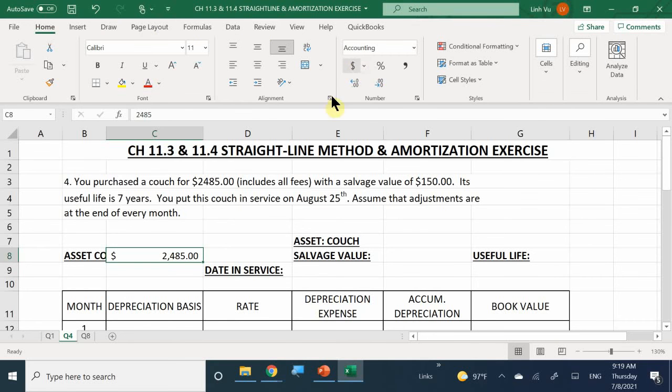What's the salvage value? $150. And its estimated useful life? How many years? 7 years. And last but not least, when did we place this into service?